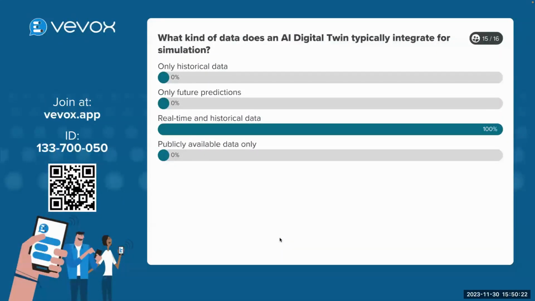In the back end of your AI digital twin solution, you need to develop machine learning algorithms and train models, and there you would need access to publicly available data. But for the digital twin itself, you need the historical data and also the real-time data. Interesting. Let's go to the next question.